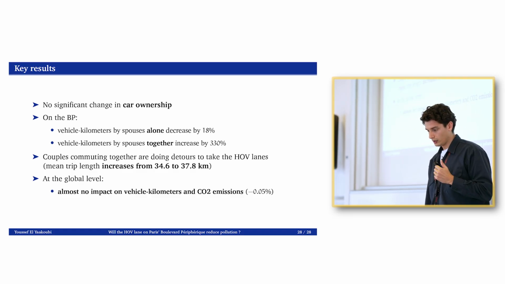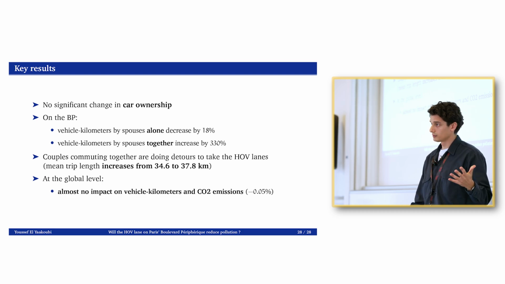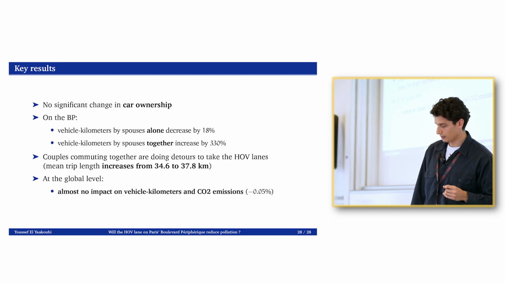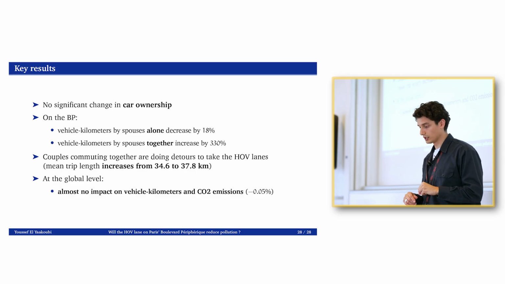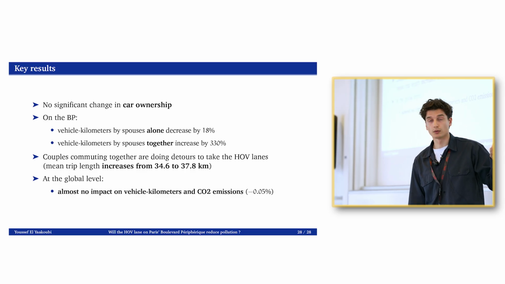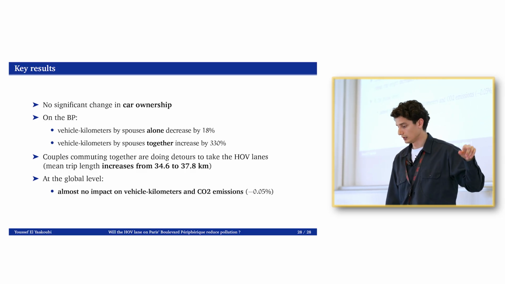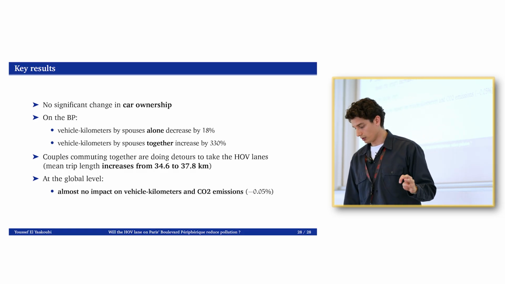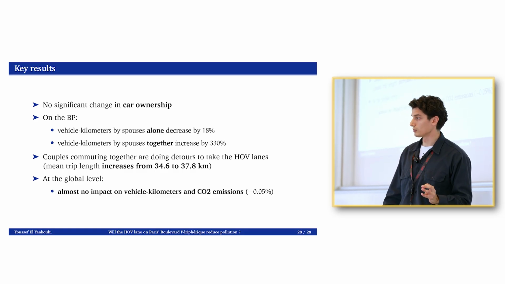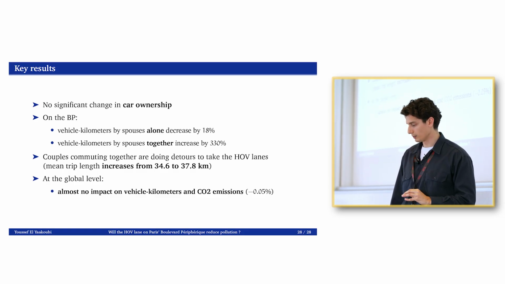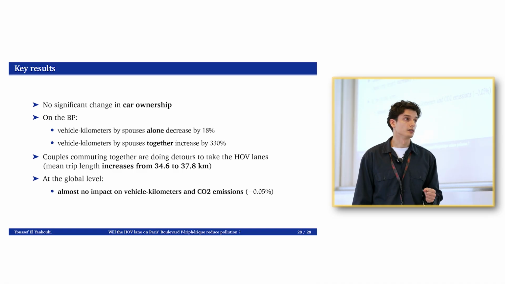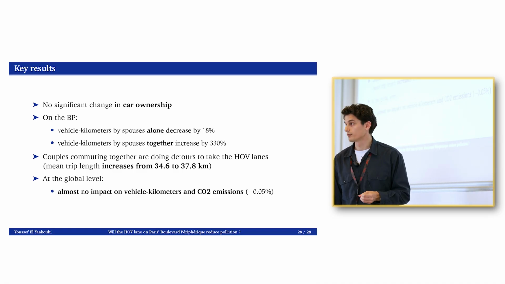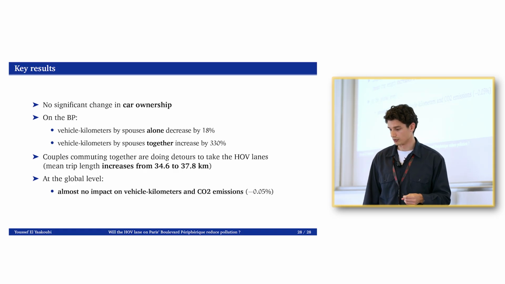That's because they are doing detours, and the mean trip length from those detours increased from 34.6 kilometers to 37.8. So at the global level, there is almost no impact on the vehicle kilometers, and the CO2 emissions decreased only by 0.05% in those predictions.